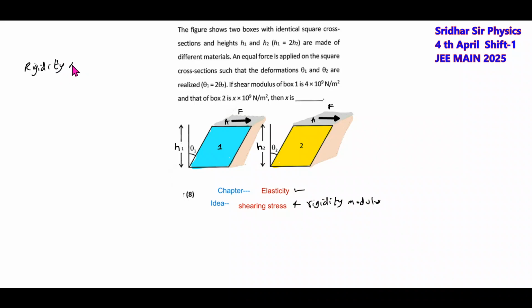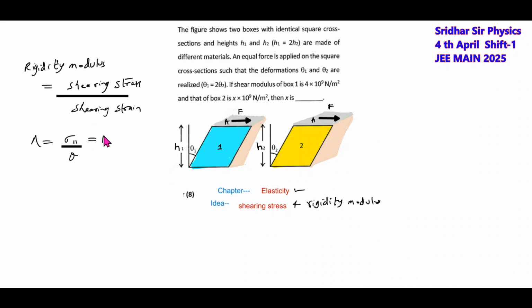Rigidity modulus equal to shearing stress by shearing strain. The symbol will be like this. Shearing strain is theta, tan theta will be theta. Shearing stress will become F by A, tangential force per unit area.